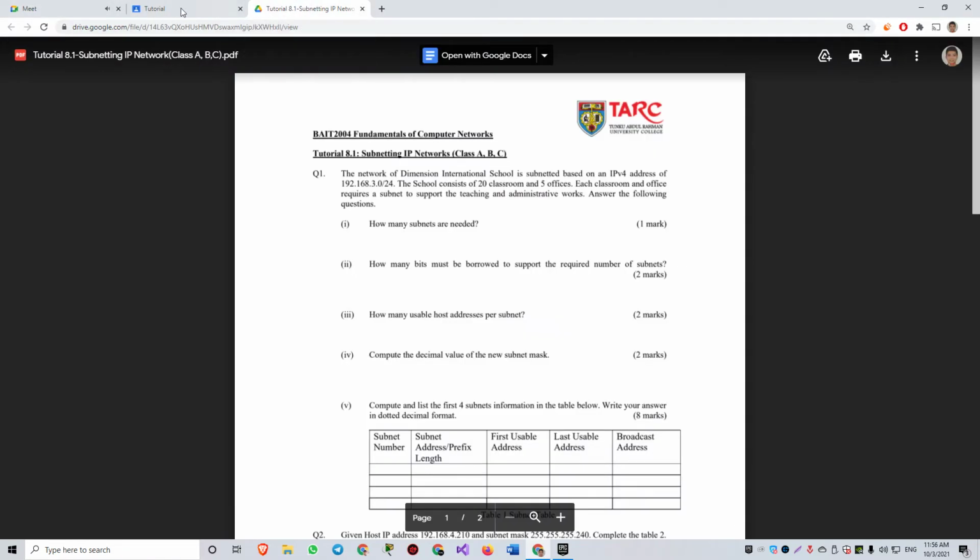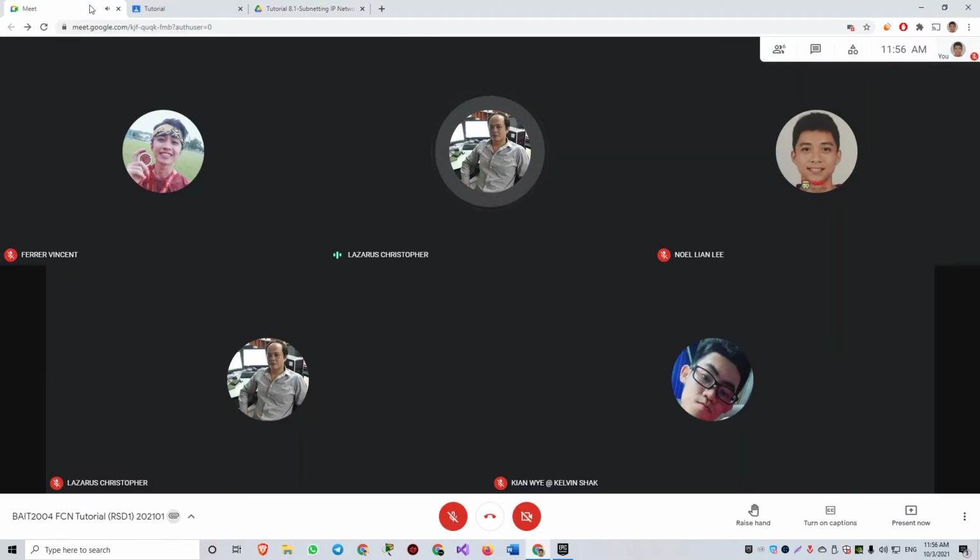All right, for question 1, part 1, we have 20 classrooms and 5 offices. If you need to provide a subnet for each classroom and each office, how many altogether? How many subnets altogether needed? Look at the requirement.